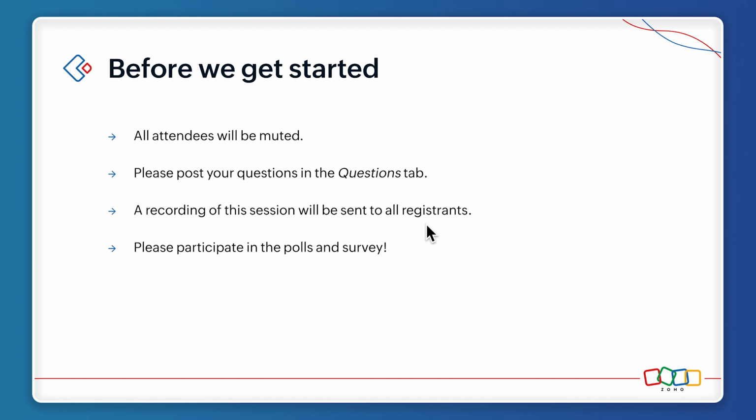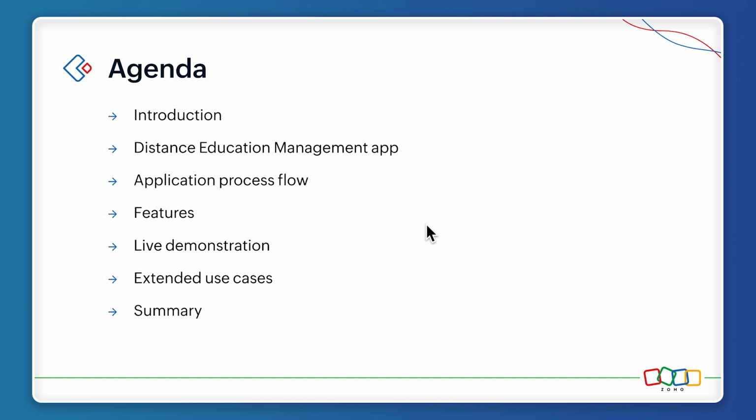Now let's move on to the actual part of the session, the agenda. First, we'll be talking about the introduction. I'll give a quick overview about what Zoho Creator is and about the industry that we took for today's session. For today's session, we have taken a process called distance education management within this education industry, and we will talk about what processes need to be automated in this distance education management, and we have built an application with Creator in order to provide that automation.